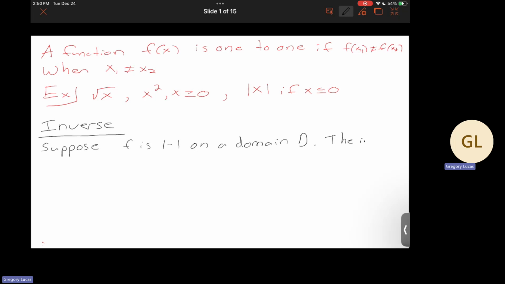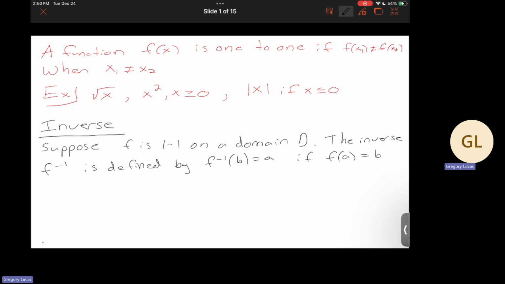The inverse we denote as f to the minus 1, so not to the negative 1 power. The inverse is defined by f inverse of b is equal to a if f of a is equal to b.